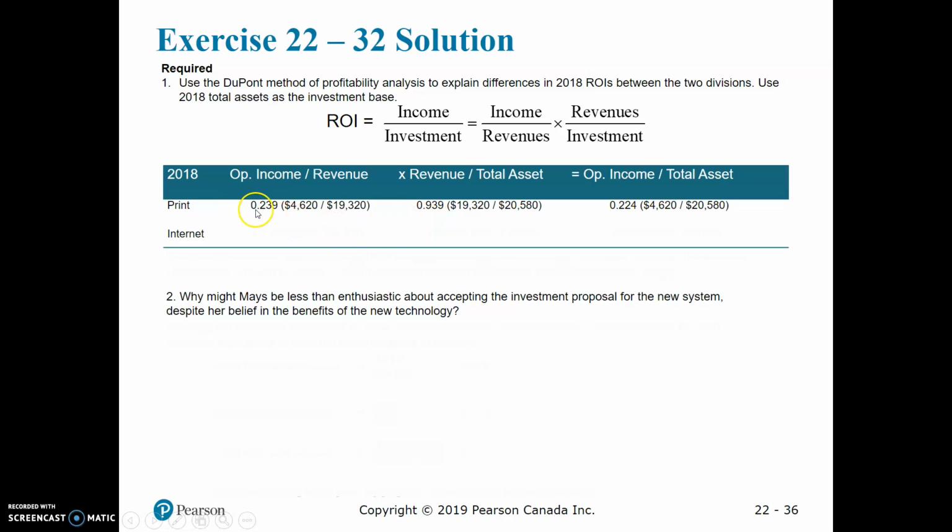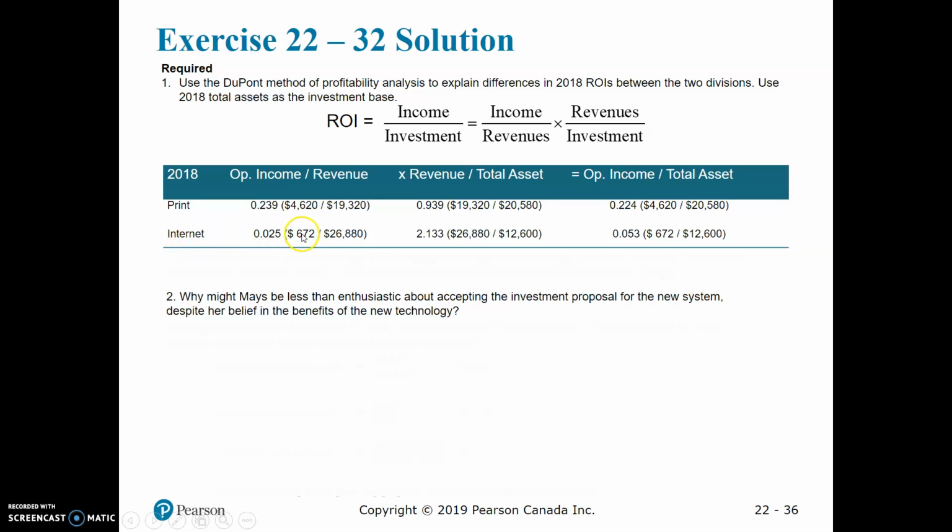When we multiply 0.239 with 0.939, we arrive at 0.224. To validate, let's take our operating income of $4,620 and divide that by our total assets of $20,580 for 2018. We arrive at the same number, 0.224. Hence, our ROI for the print division for 2018 is 22.4%.